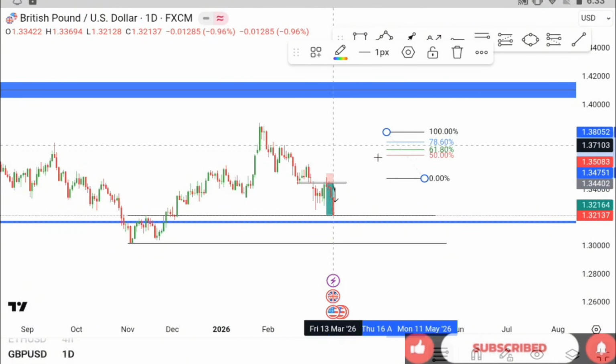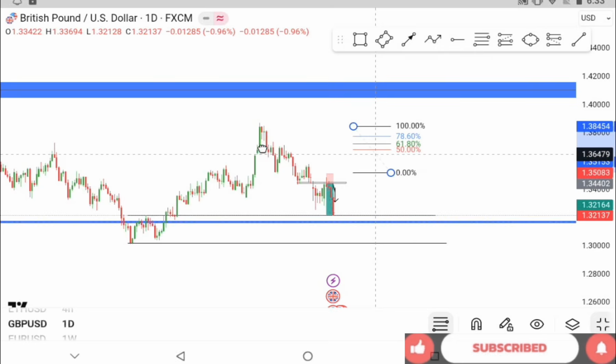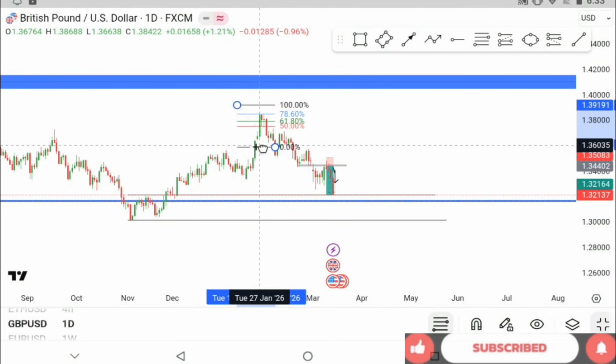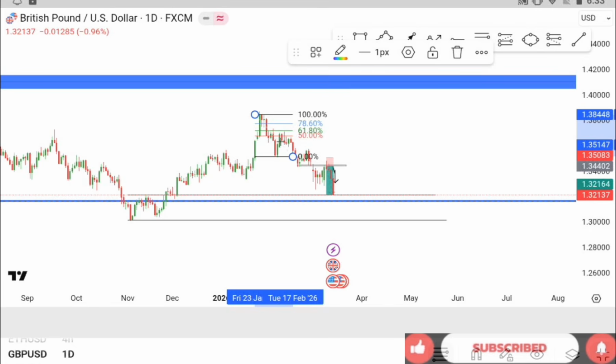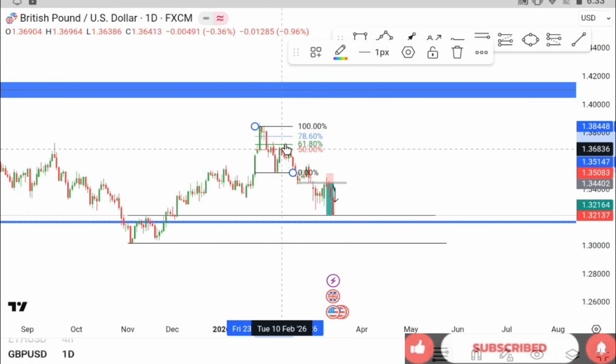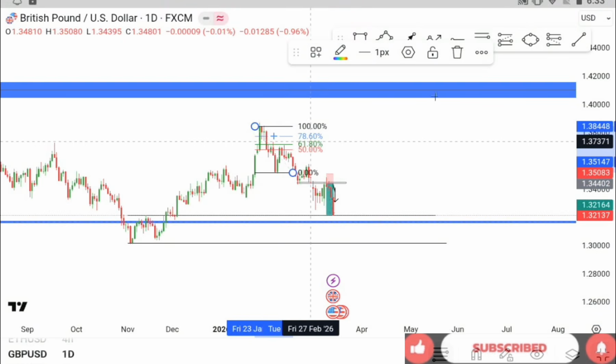We've seen that our Fibonacci has done its work by coming to this 60 retracement zone and bouncing off from it.